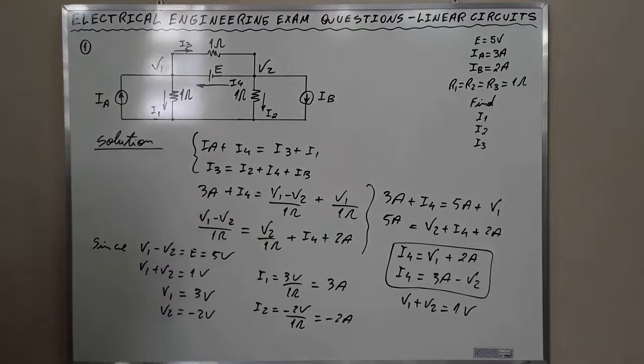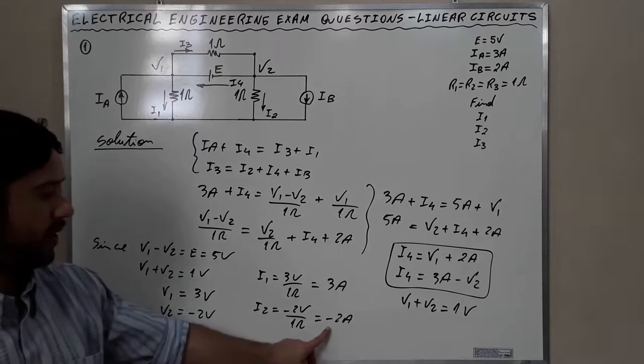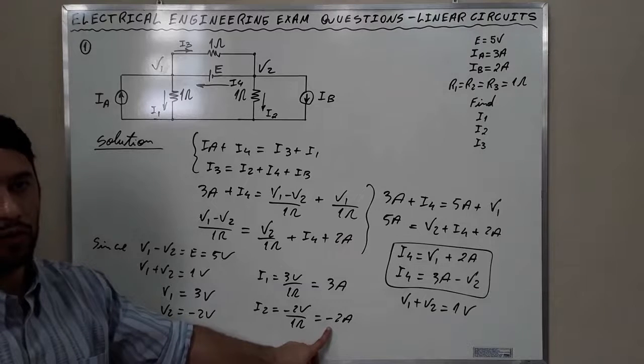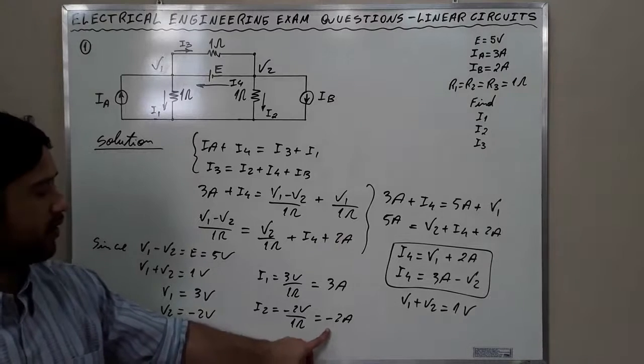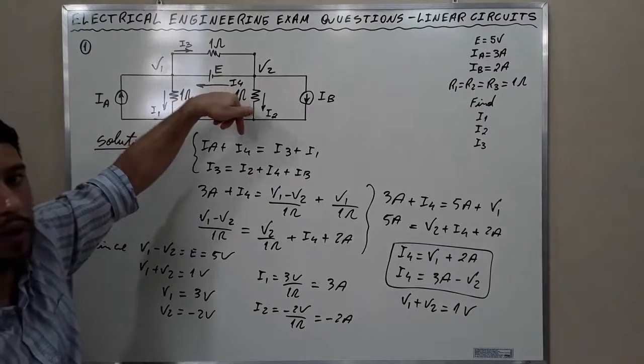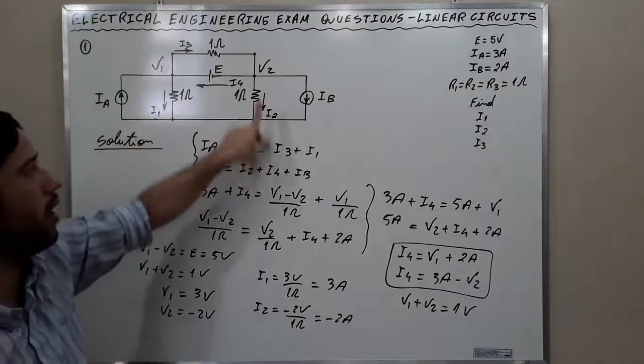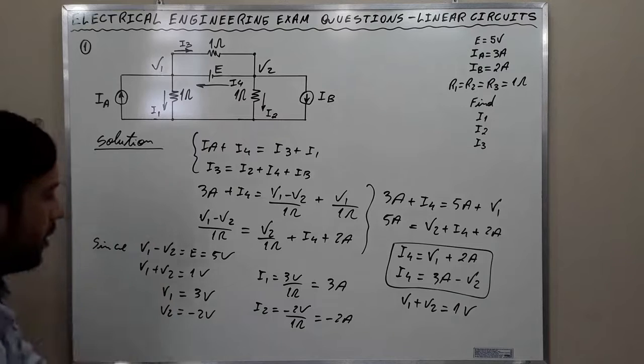Okay? We've discovered that I2 is negative 2 amps. What does it mean? It means that when we find a negative sign, it is not wrong. It means that instead of going downwards, actually, the current is going upwards here.